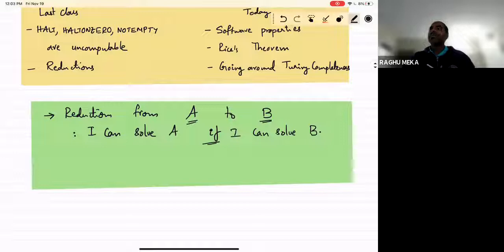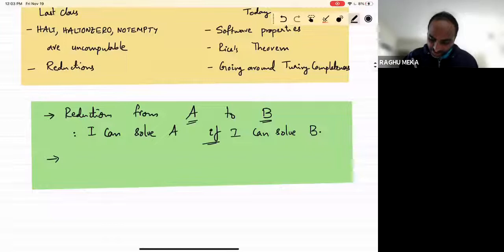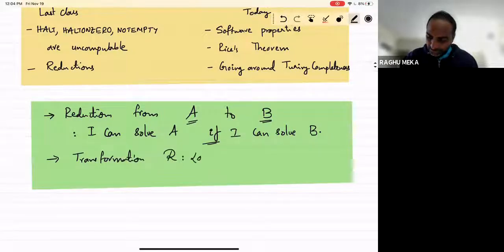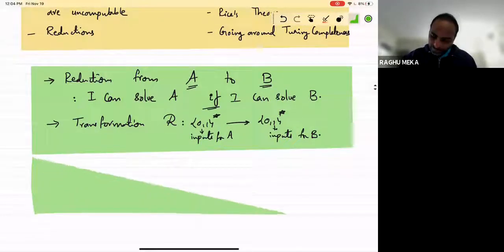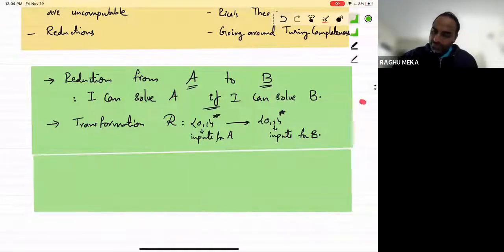And the way we do this is by building this map, right? So there are various ways to do it. One specific way was to come up with this transformation. And what we wanted was, we should think of this as inputs for A, inputs for B. Okay.